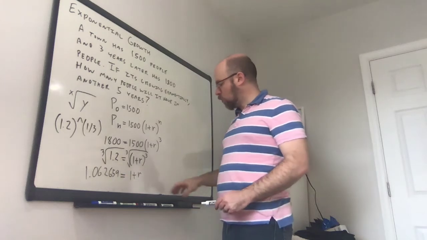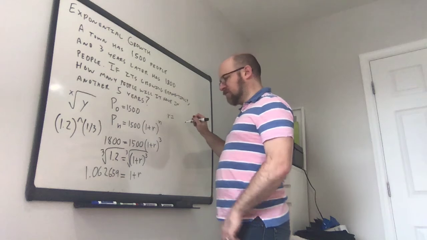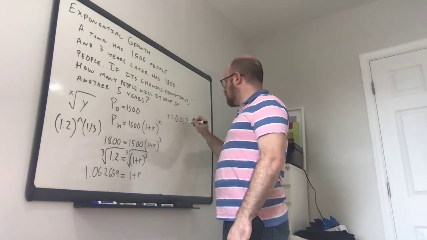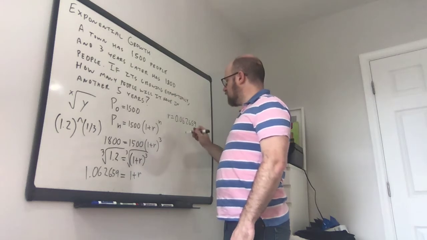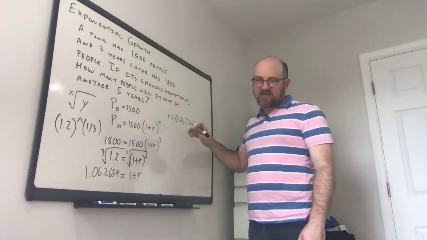And if you subtract 1 from that, you're going to get r equals 0.062659. Okay? So in this case, our r is 6.2659%.